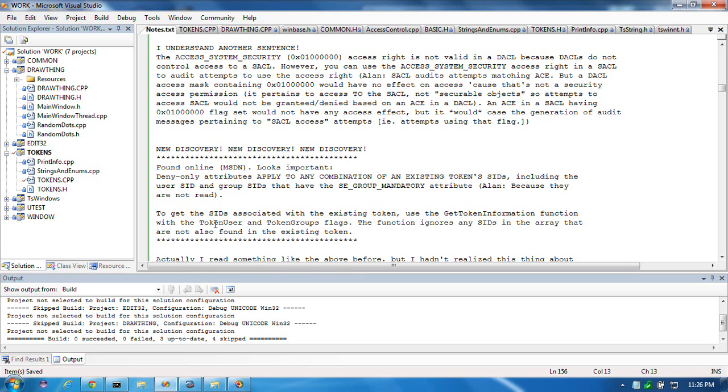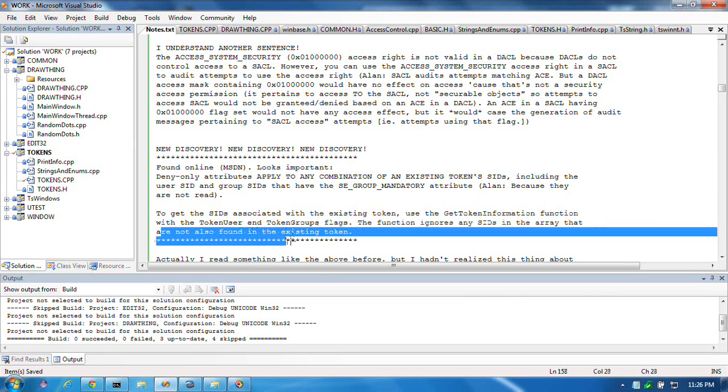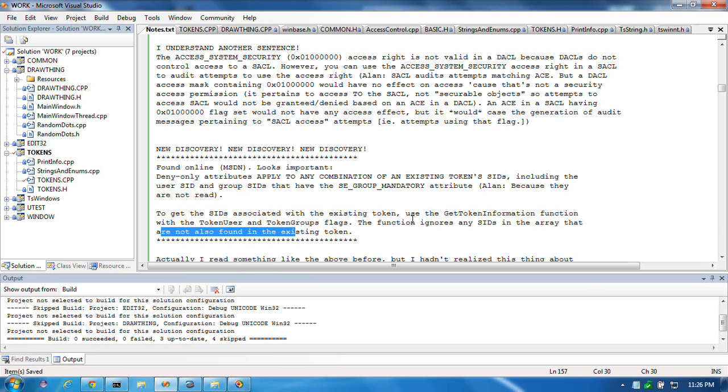I thought I could combine these two flags and then it would just bring me, it would give me a... oh, God, I don't know. Not also found. Ignores.